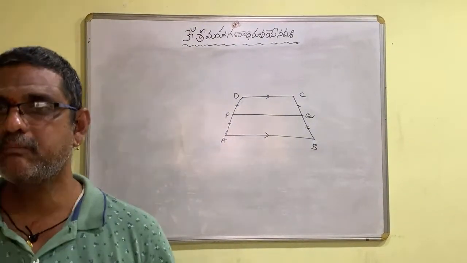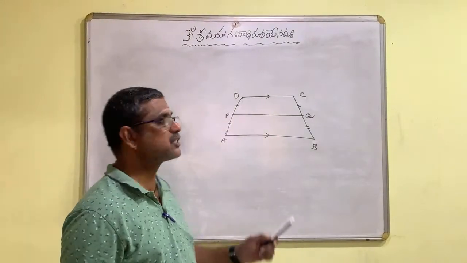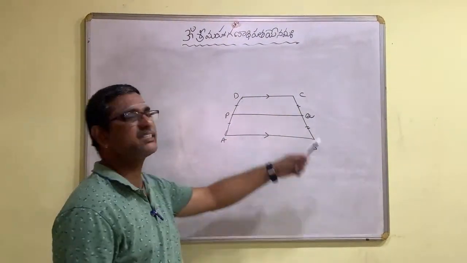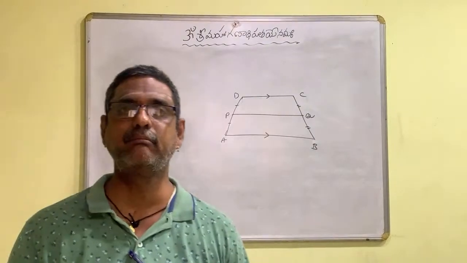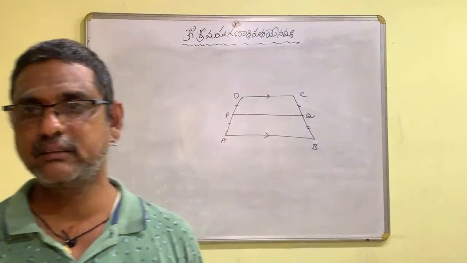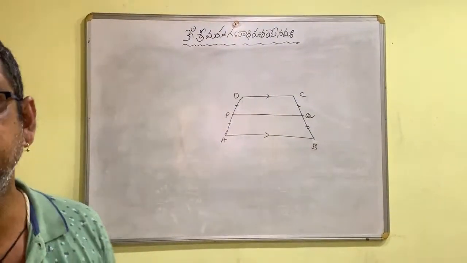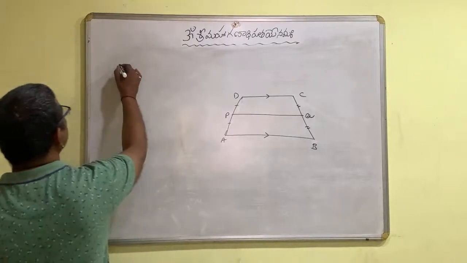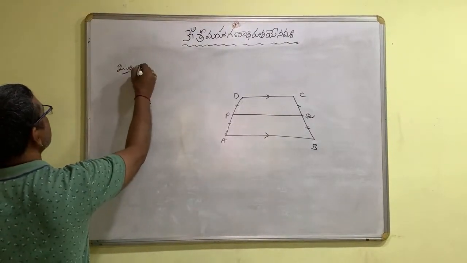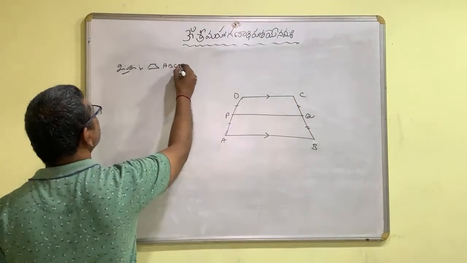What we have to prove is that the line segment joining the midpoints of the oblique sides of the trapezium is parallel to the parallel sides. What is the meaning of it? What is given? ABCD is the trapezium.